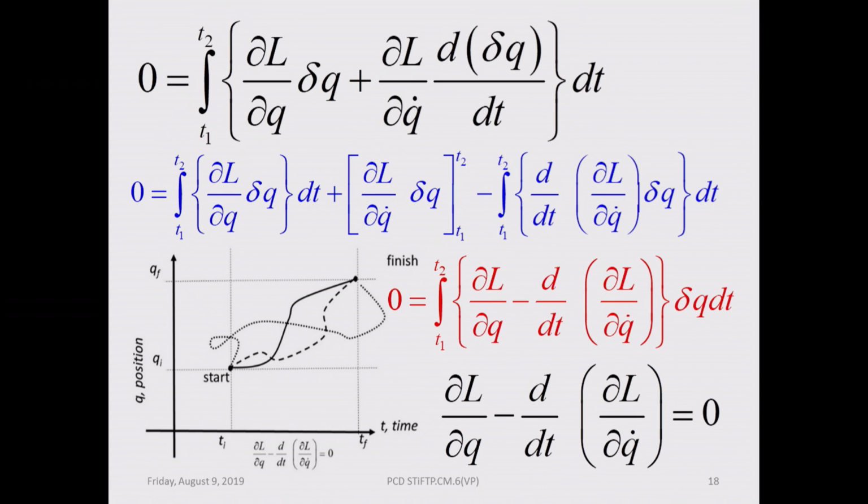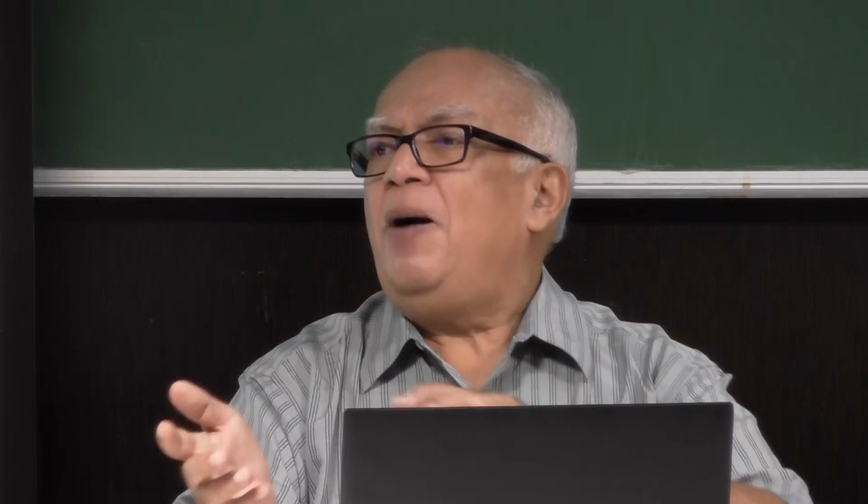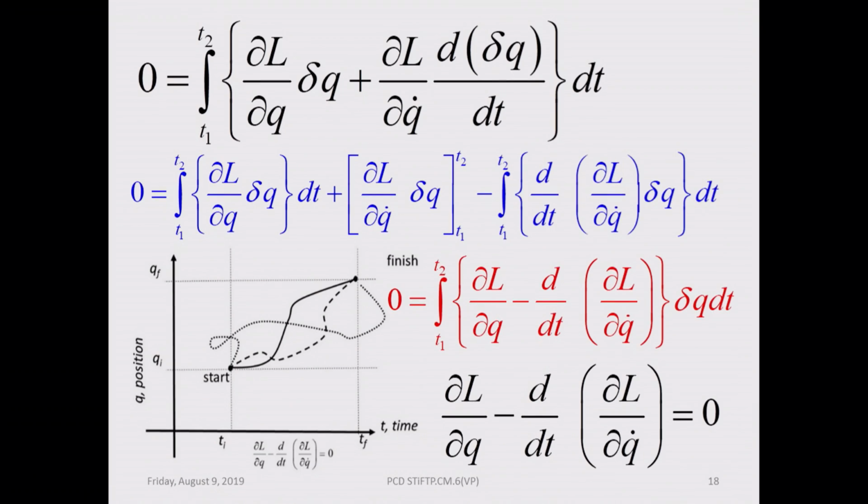So if you now put in L equal to T minus V, and what is the kinetic energy? Kinetic energy is half mv square. What is the potential energy? It is some function of position. Okay, so if you put this and go back to your Newtonian mechanics, what do you get by writing del L by del Q?